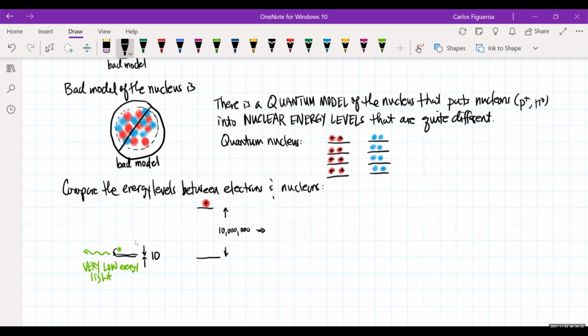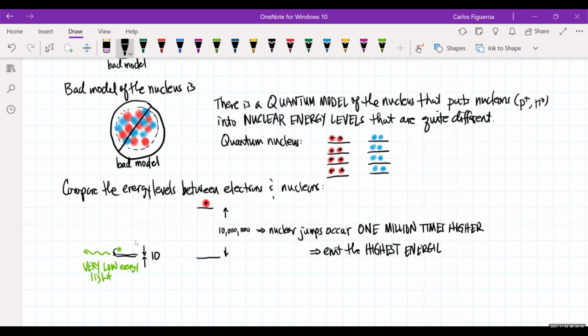So what this is saying is that nuclear jumps occur 1,000,000 times higher. And because they're higher, they emit the highest energies of light. And the highest energies of light is known as a gamma ray.